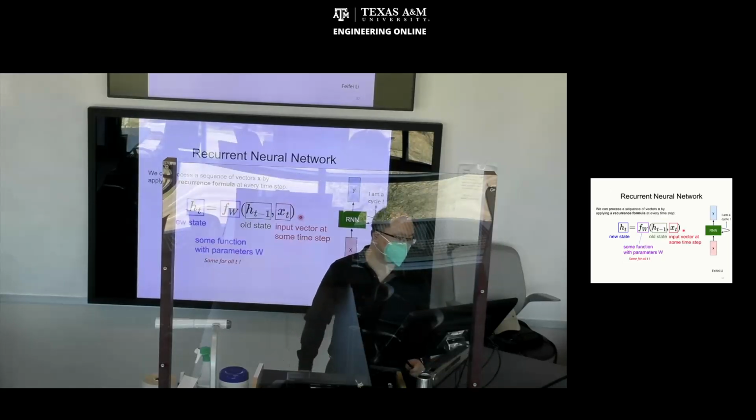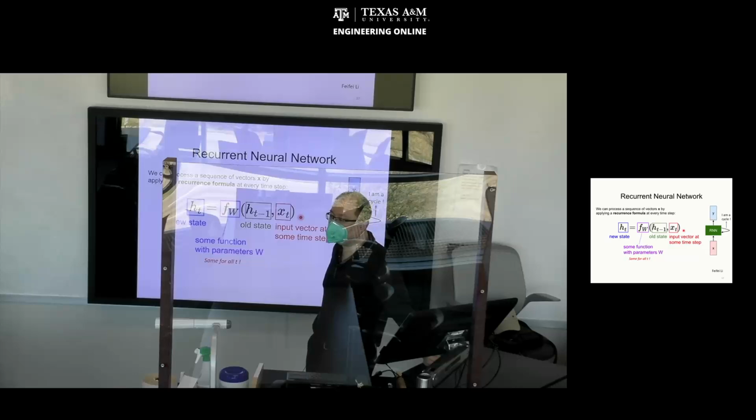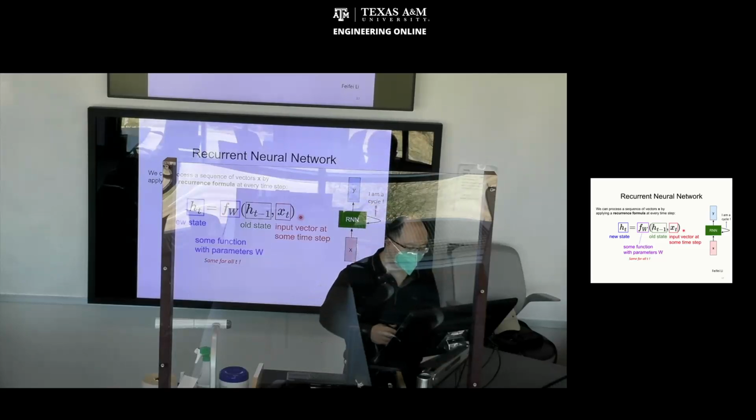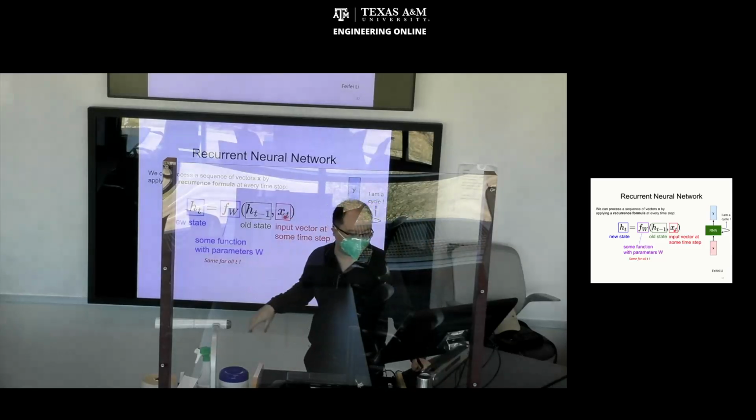Well, the keyword is recurrent. So it's a recurrence formula, like the following. Let's consider a sequence where each position is indexed, and this index we can call time, t. This could be a position in the sequence.